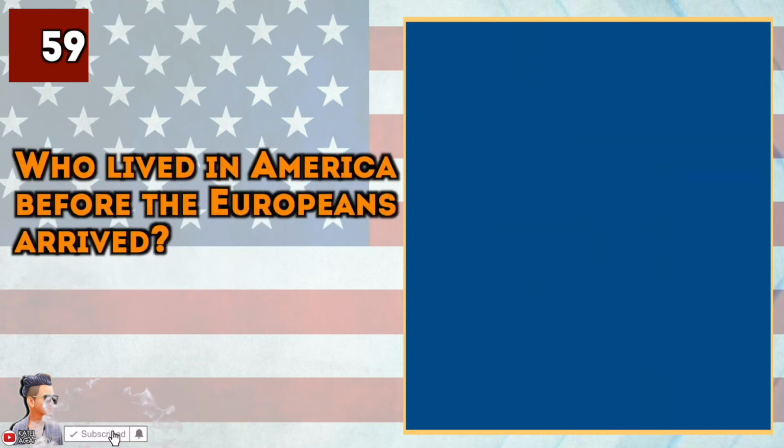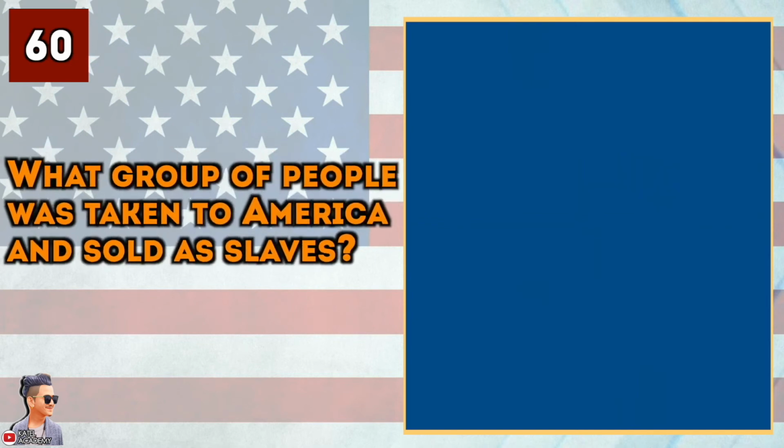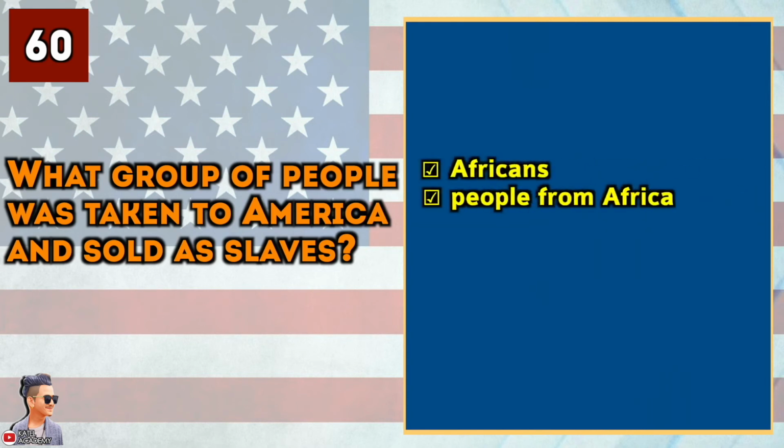Who lived in America before the Europeans arrived? American Indians. Native Americans. What group of people was taken to America and sold as slaves? Africans.